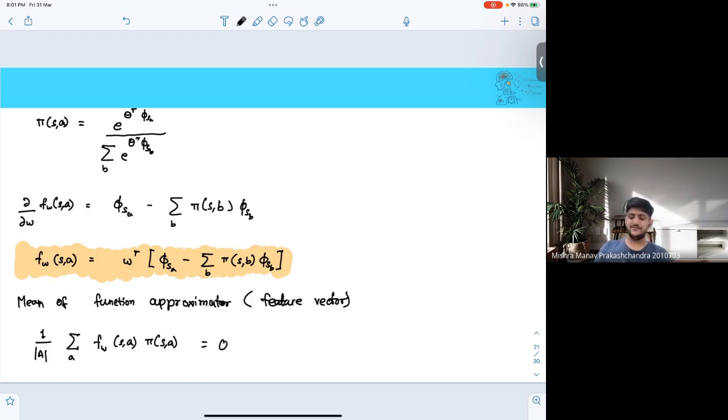Okay, you can see it if you just substitute this value over here. You see that this entire equation goes to 0.